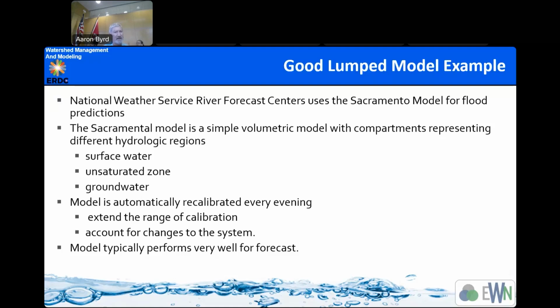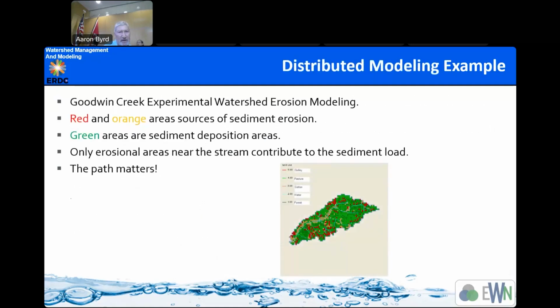If you're constantly recalibrating, you're constantly extending your calibration, and you're accounting for changes to the system because it's going to change over time. These models work very well, and you will have a very hard time beating a forecast from the River Forecast Center with any approach. So that's a great example.